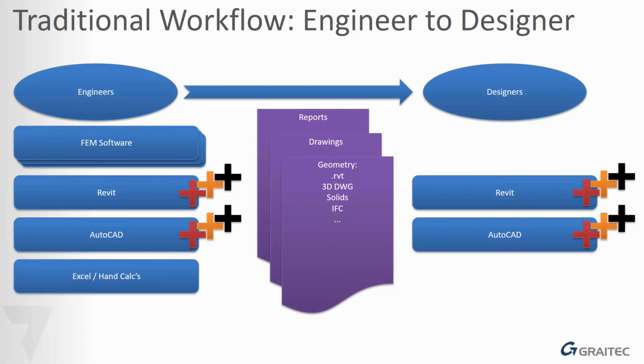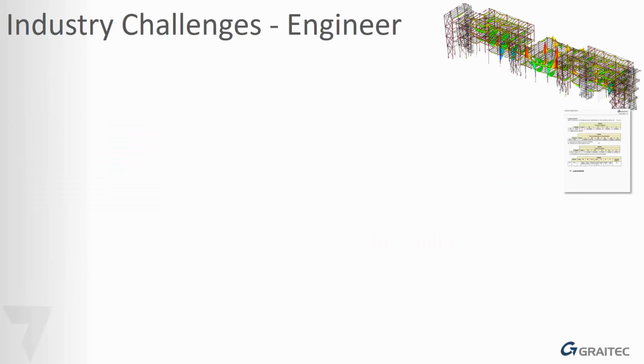On the other hand, the designers have to take all of this information and bring it back down to a Revit model, or maybe still today in some cases some AutoCAD drawings. So it's really not an ideal BIM world. There's a lot of possible errors that can happen. There's no collaborative work in this kind of scenario.